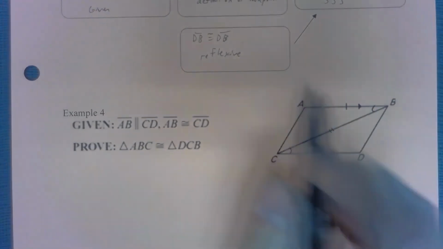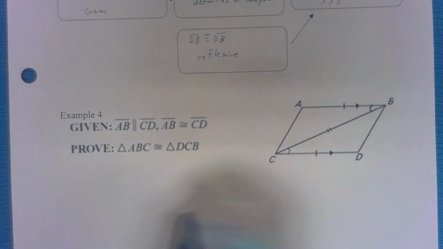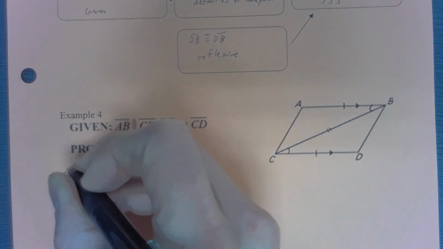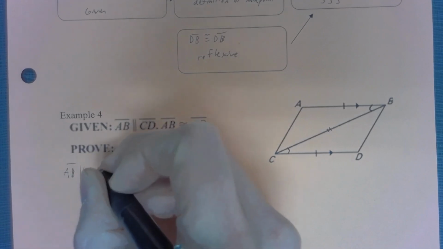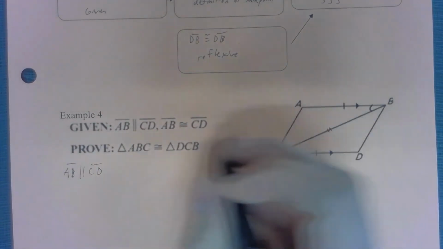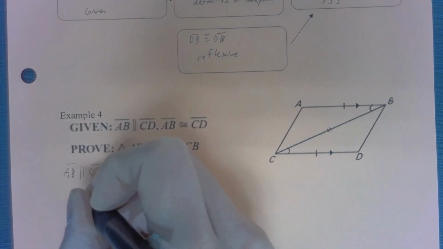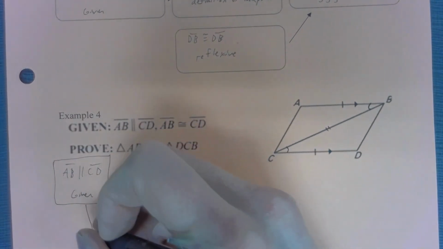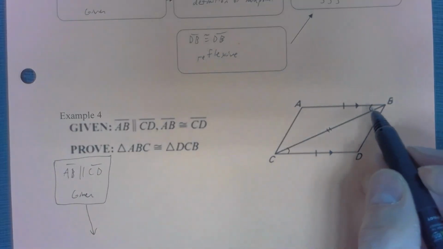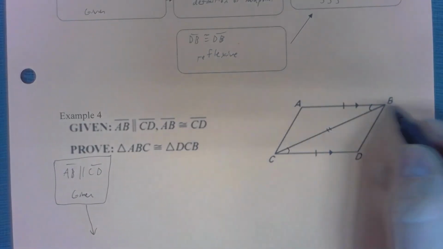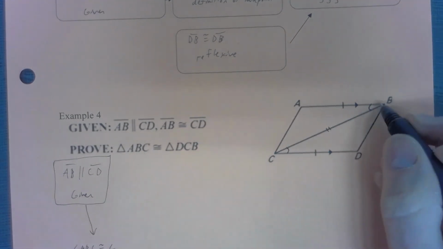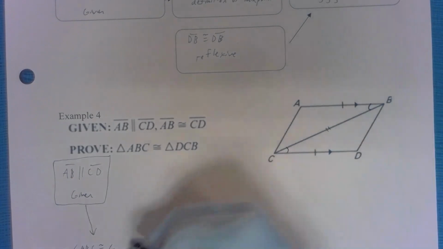So using our flow proof strategy here, if I said that AB is parallel to CD, well, that's given. That's one of my bubbles. And that led us to the fact that angle ABC is congruent to angle DCB.